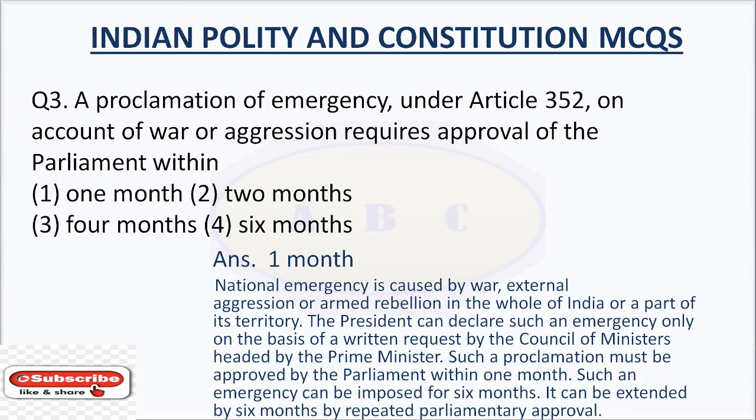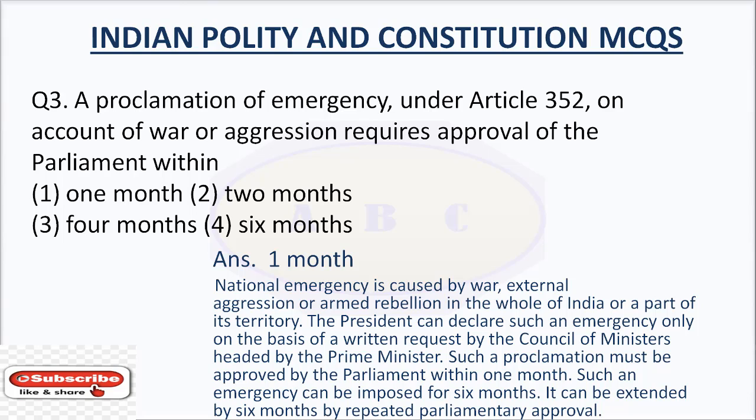National emergency is caused by war, external aggression, or armed rebellion in the whole of India or a part of its territory. The President can declare such an emergency only on the basis of a written request by the Council of Ministers headed by the Prime Minister.